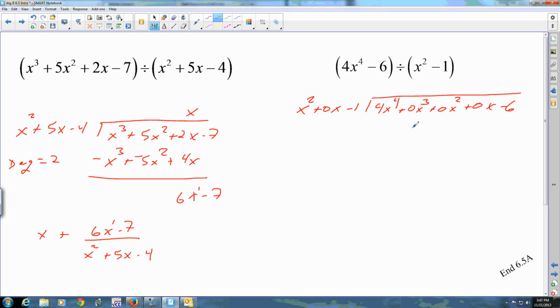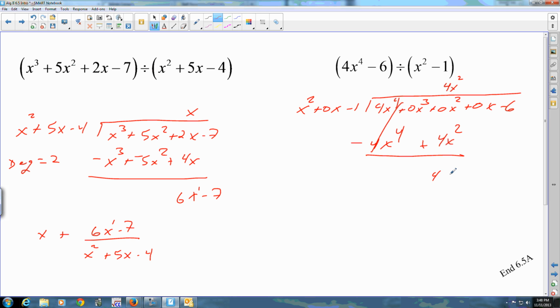X squared times what is 4x to the fourth? Well, that would be 4x squared. 4x squared times all this would give me 4x to the fourth minus 4x squared. Notice there wouldn't have been a place to line it up. Change the signs. This is gone. There are no x cubes. I don't need to bring that down.